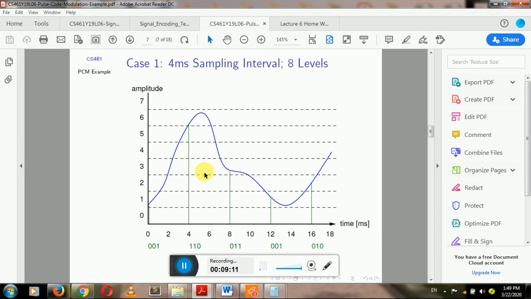The next falls into 3, change it into binary 011. The next one is 12, it falls into 1, 001. The next one is 16, it corresponds to 010. So this PCM code is our digital code for this analog data: 001, 110, 011, 001, 010.